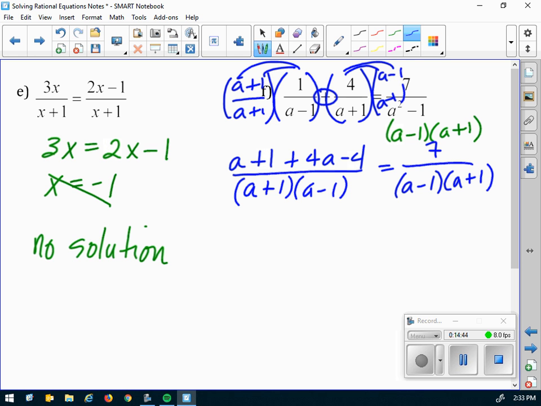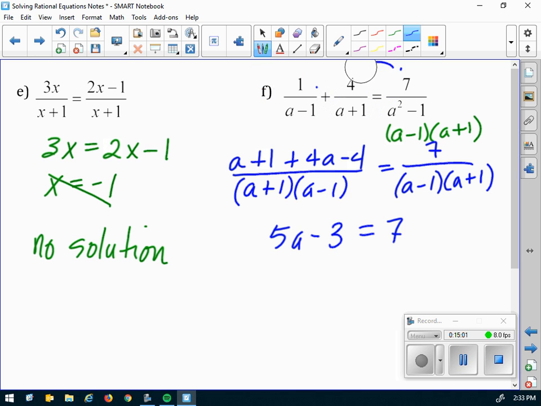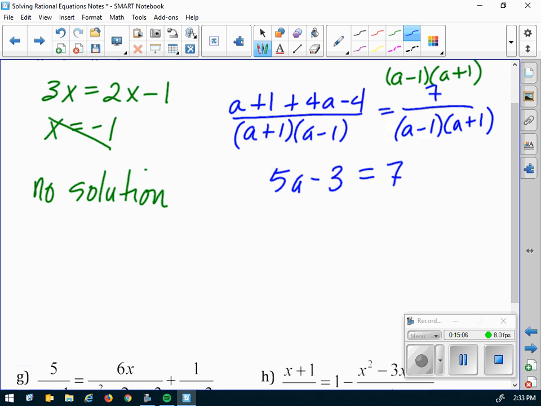They're the same, so set the numerators equal. So let's combine like terms and set the numerators equal to each other at the same time. 5A. Can you do that in your head? I know Dawson can. 2. Yeah, A is 2.